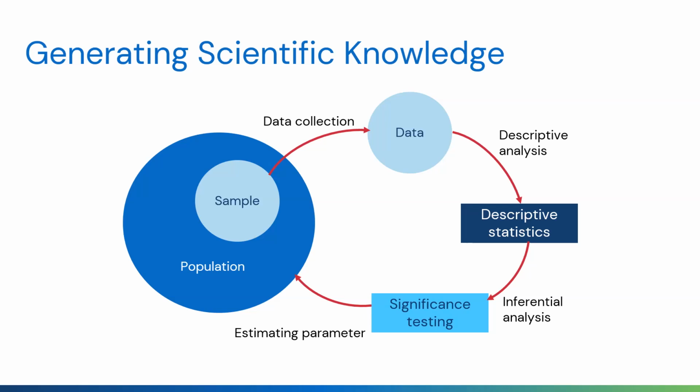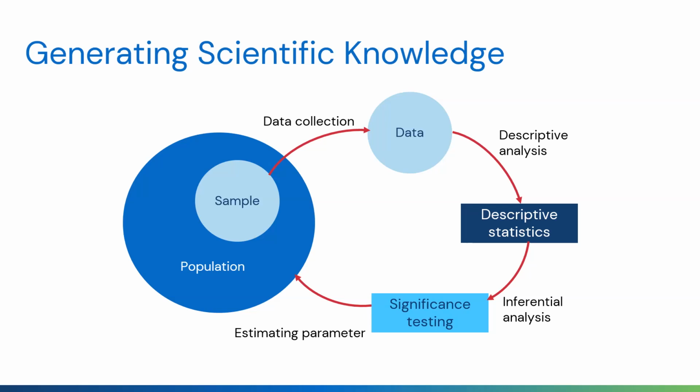So in health research, we do a process called sampling, where we take a sample from the population and collect information about that sample and create a data set. With that data set, we can describe that data and conduct descriptive statistics. From that set of statistics, we can then make inferences.